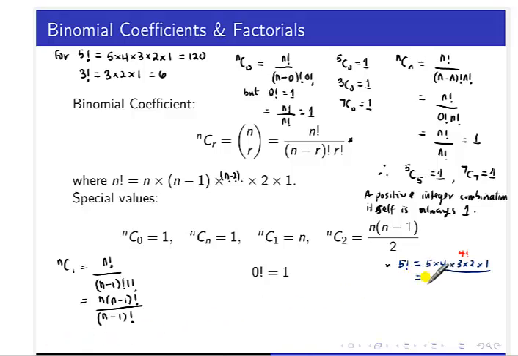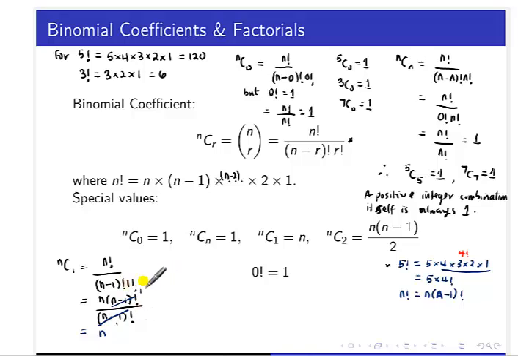So 5 factorial can be written as 5 multiplying 4 factorial. And so n factorial can be written as n, which is the 5, times n minus 1 factorial, which is our 4 factorial. By simplification, n minus 1 factorial divides itself one time, and we are left with n.